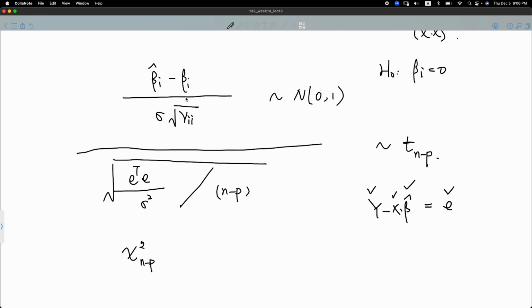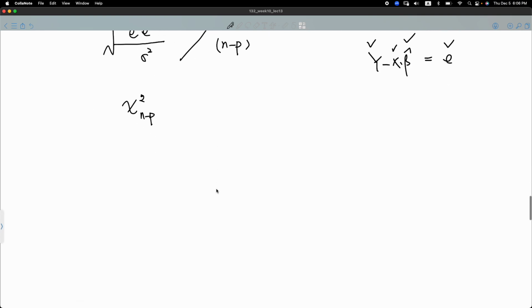So now when you plug in 0 and everything calculated from data, you can calculate the p-value for beta i not equal to 0, because the null hypothesis is setting beta i equal to 0. So you are able to calculate the p-value from the t distribution.